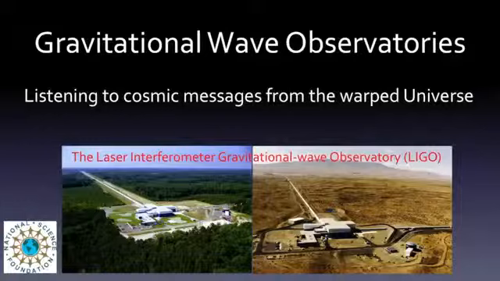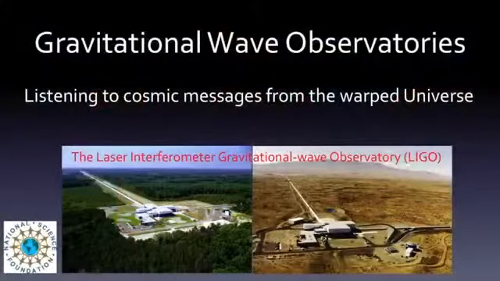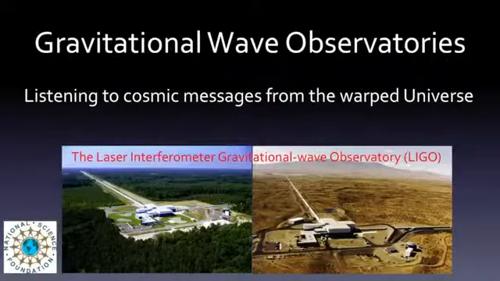And what you see in this image is aerial views. Why aerial views? Well, because I promised you for this effect to be measurable, we have to make these path lengths rather long. So the principle of the measurement is that at the corner center where you see the building, we have a laser. And then in an L shape, along the two arms of the L, we propagate laser beams. They reflect off of mirrors 4 kilometers away.